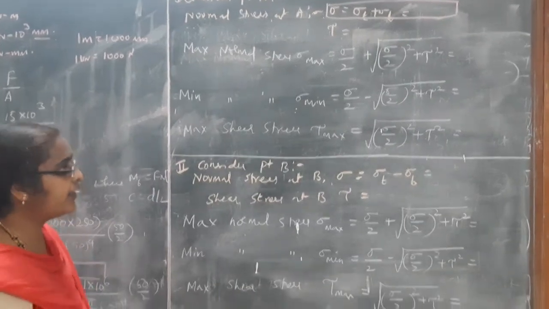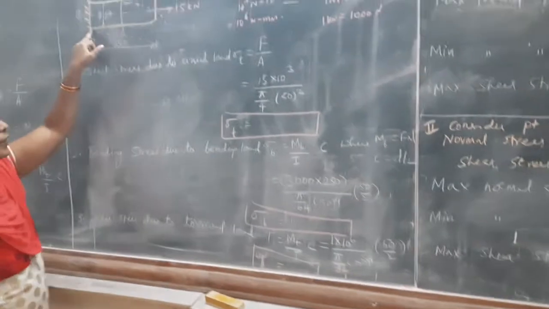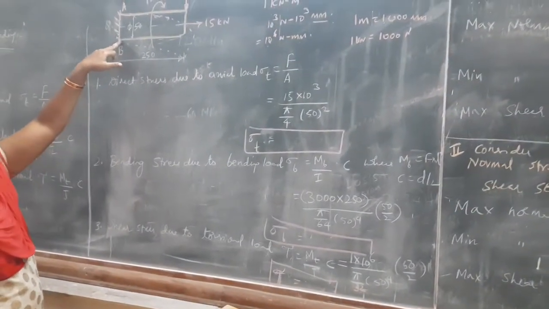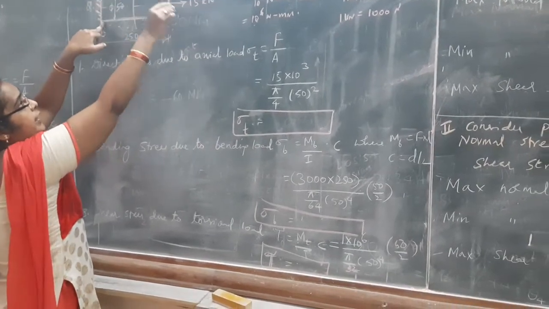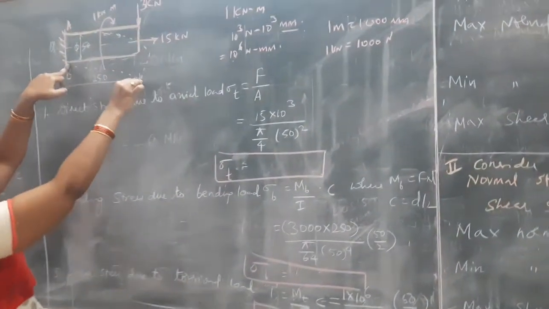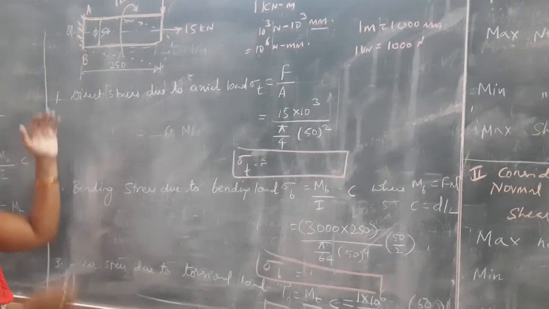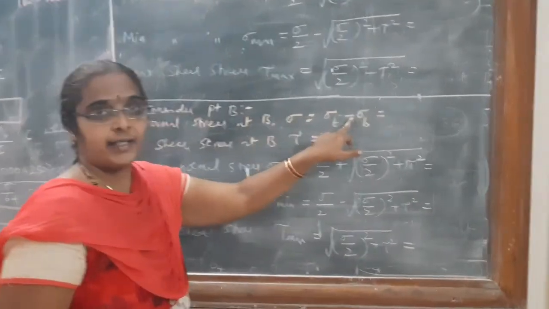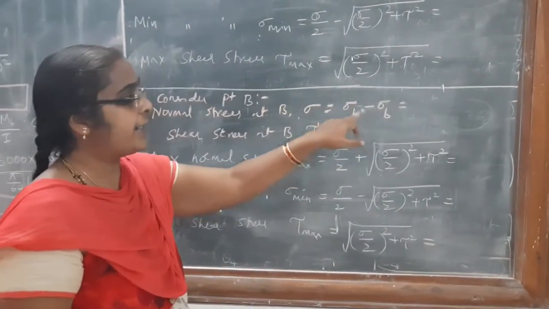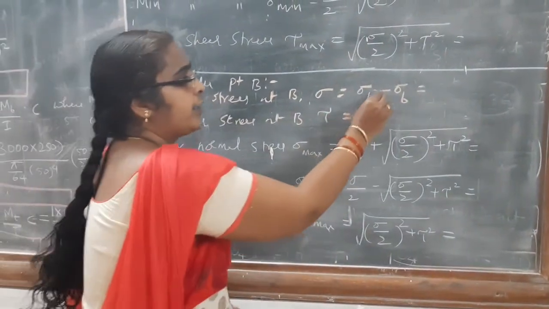Now let us go for point B. If you observe point B, when the beam bends, the upper layer is under tension whereas the lower layer is under compression. Because of that compression, I am going to use a minus sign here, because the bending stress has compressed the member, so I cannot use plus.